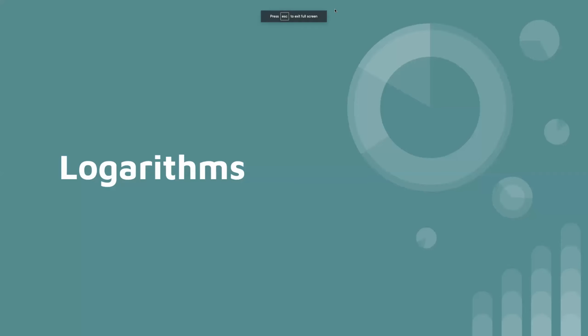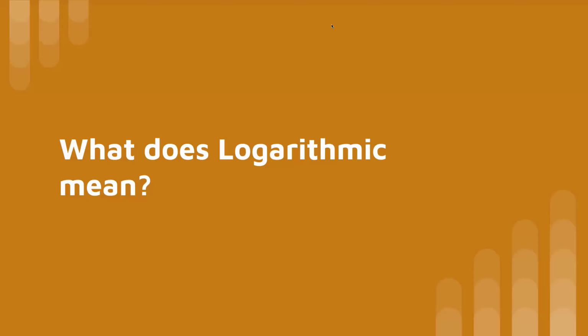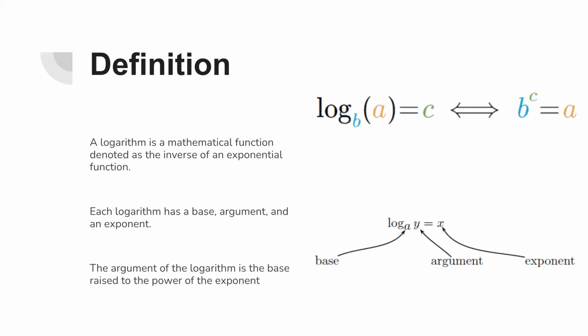Okay. We're gonna only talk a bit about this logarithmic class because we only have like few minutes left. Could you continue to the next slide, please? Okay. We're gonna go over the definition of the logarithmics. So logarithmic is a mathematical function that denotes the inverse of exponential function.